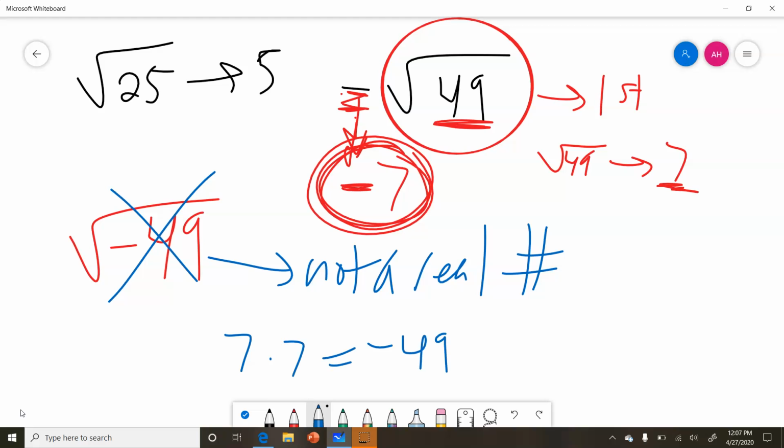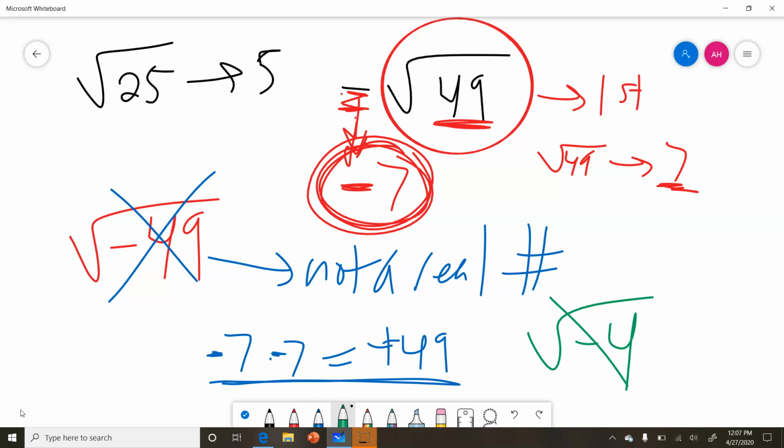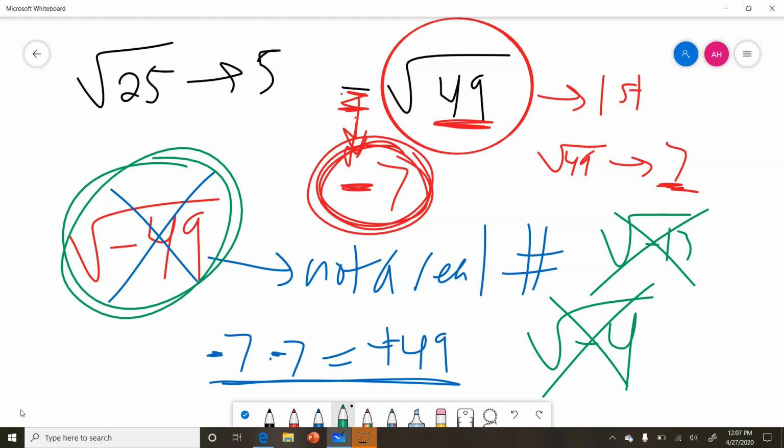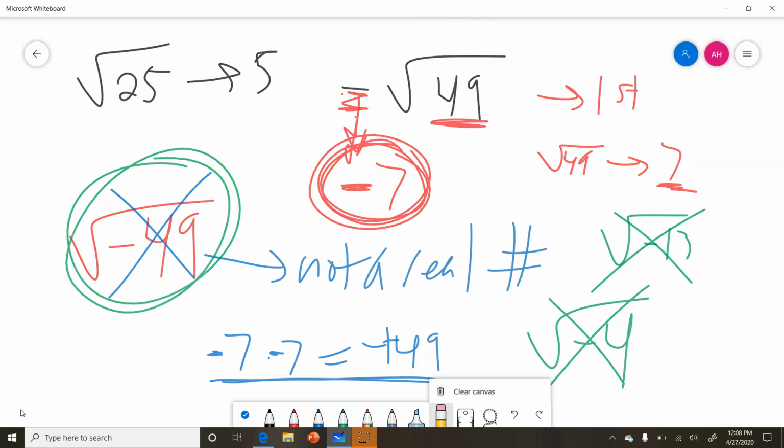If I made one of these 7s a negative, that would be true, right? But as soon as I make the other 7 negative too, which I have to do, it becomes positive again. So anytime you have something that's the square root of negative 4, not possible. Anytime it's the square root of negative 13, it doesn't matter if it's a perfect square or not. You can never have this, okay? It does not work. So that's something important to keep in mind, to remember.